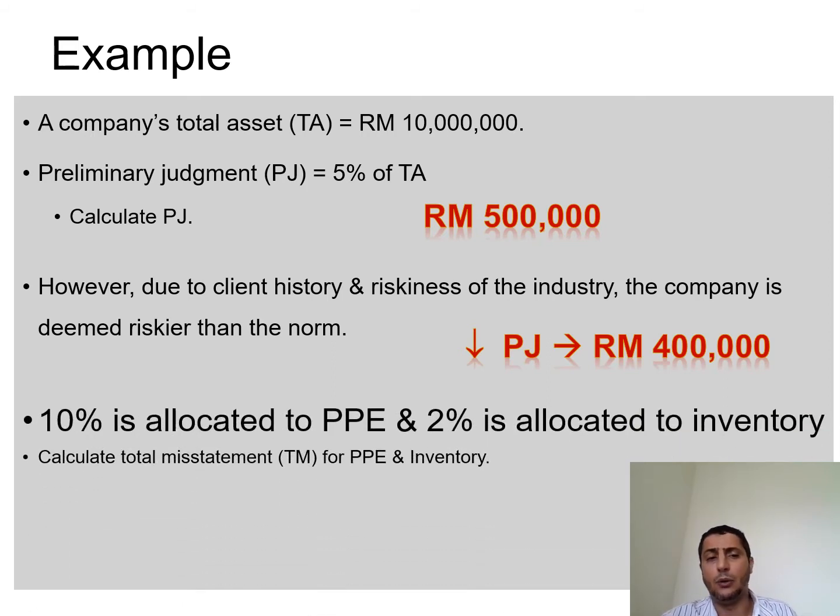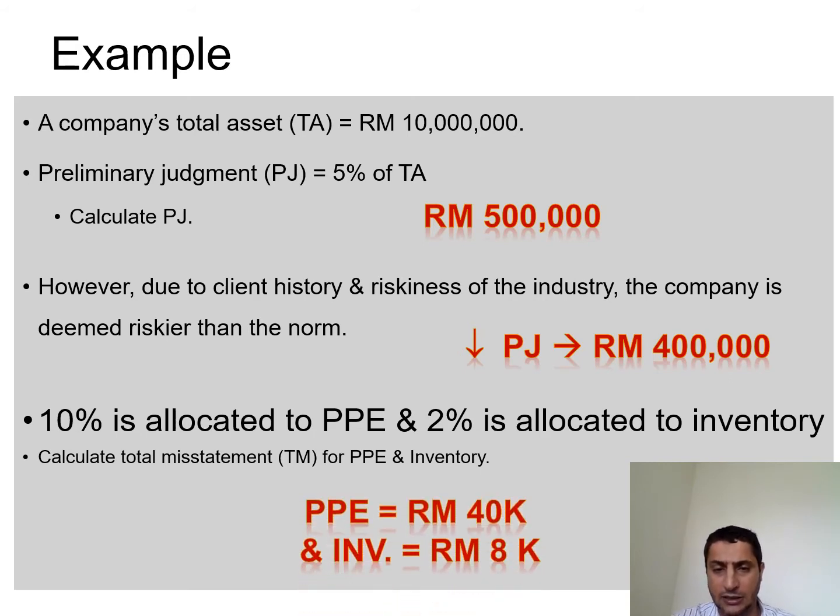And then we allocate this 400,000, which is set for the financial statement as a whole, into the sub accounts of the total assets, which is 10% to be allocated to PPE and 2% to be allocated to inventory, as an example.